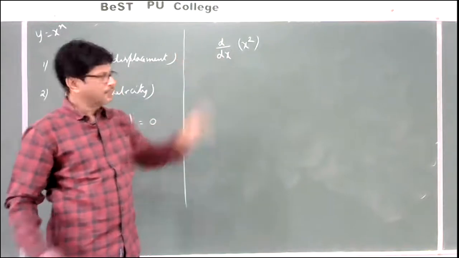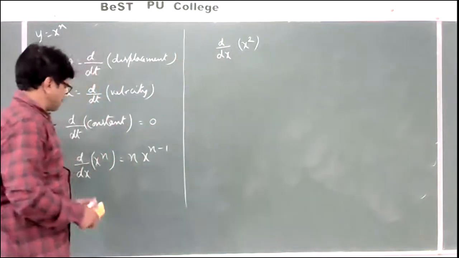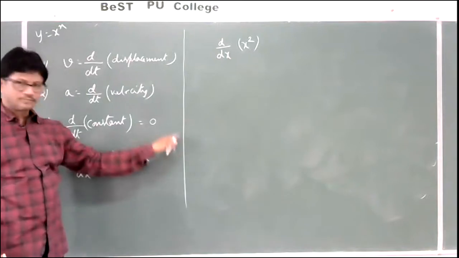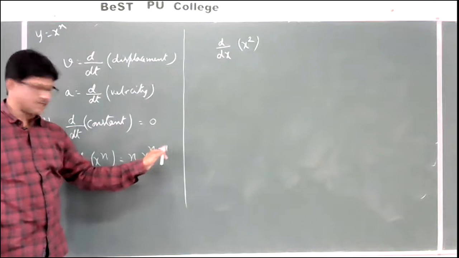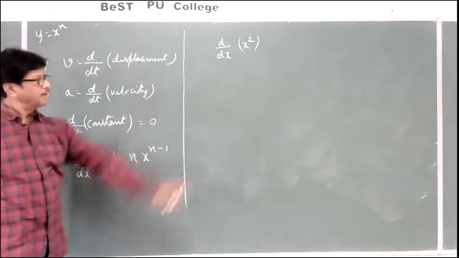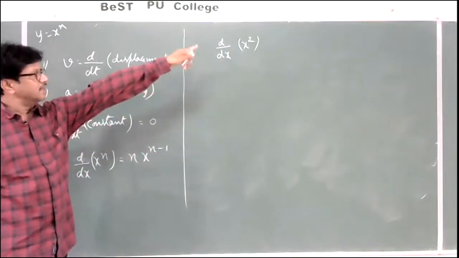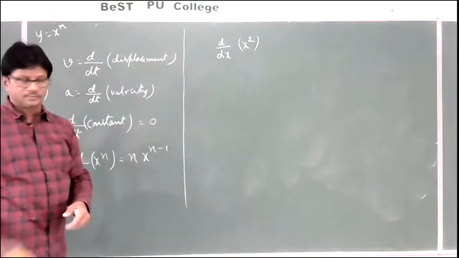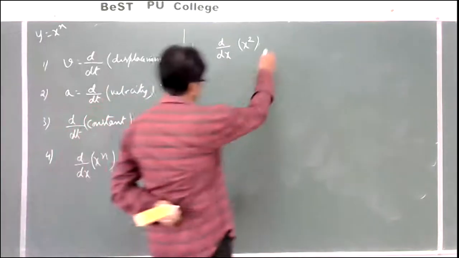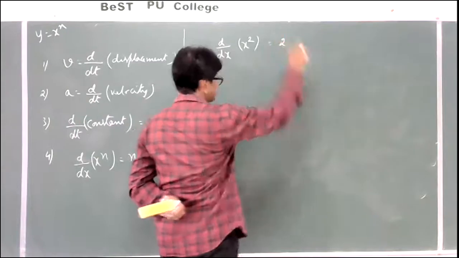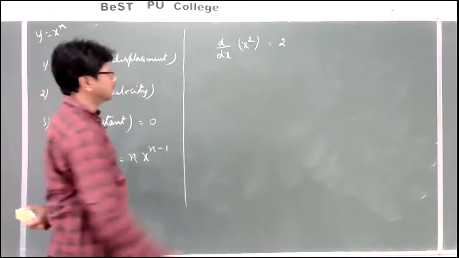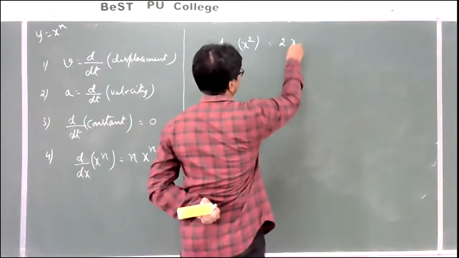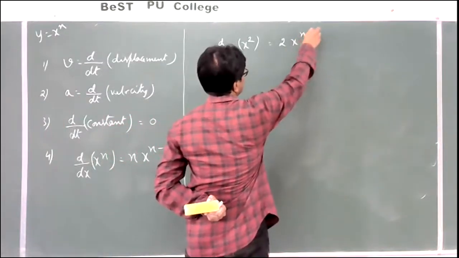Now this is the formula: n into x to the power of n minus 1. Here n is 2. So it becomes 2 into x to the power of 2 minus 1.